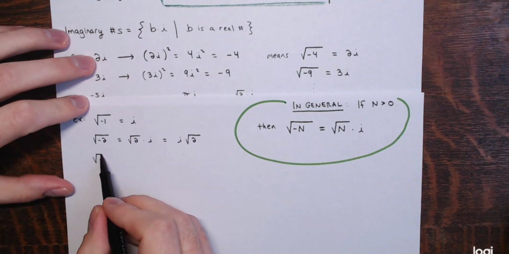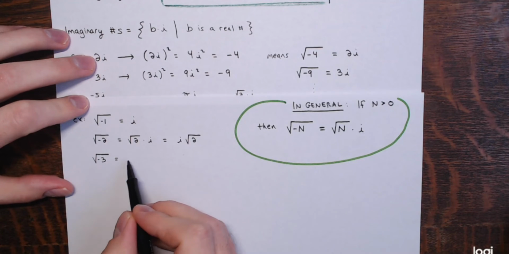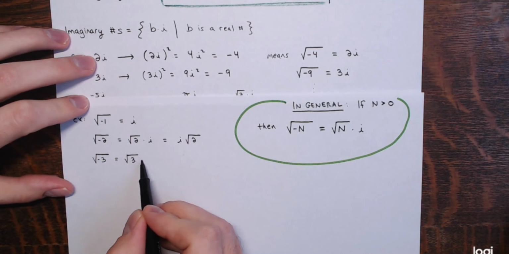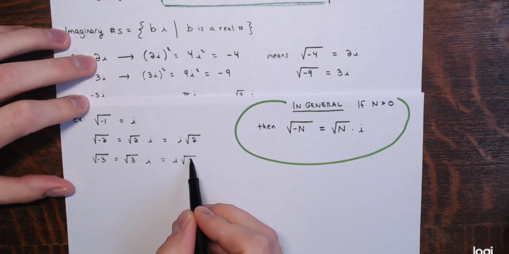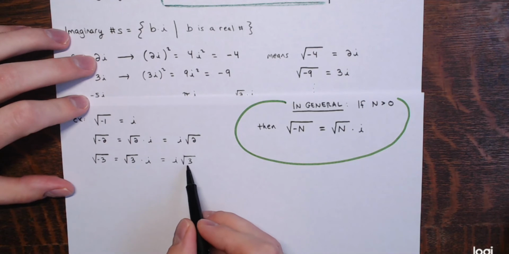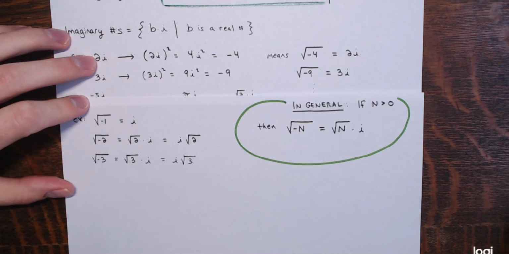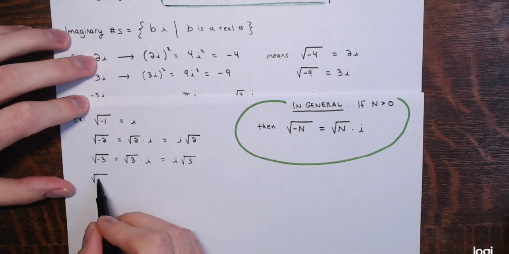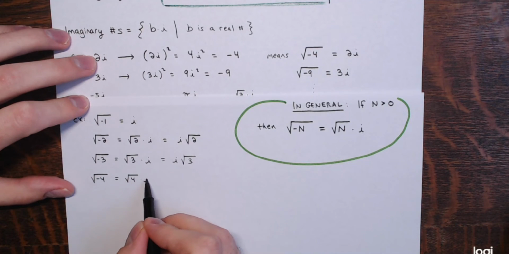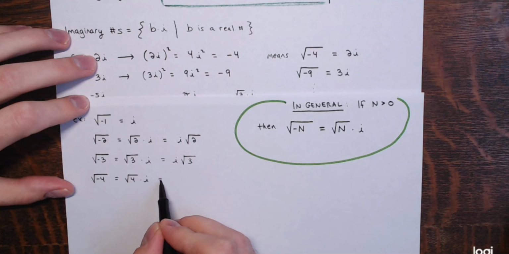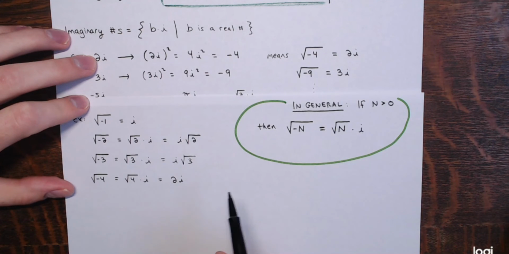Square root of -3, you're going to rewrite as the square root of 3 times i, or i times the square root of 3, same thing. And when you square this number, it would result in -3. We already saw the square root of -4. That's the square root of 4 times i, but the square root of 4 is 2, so that's 2 times i, which we already saw.